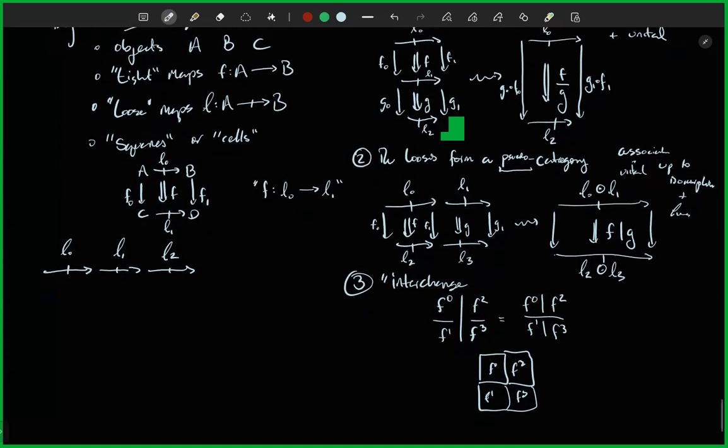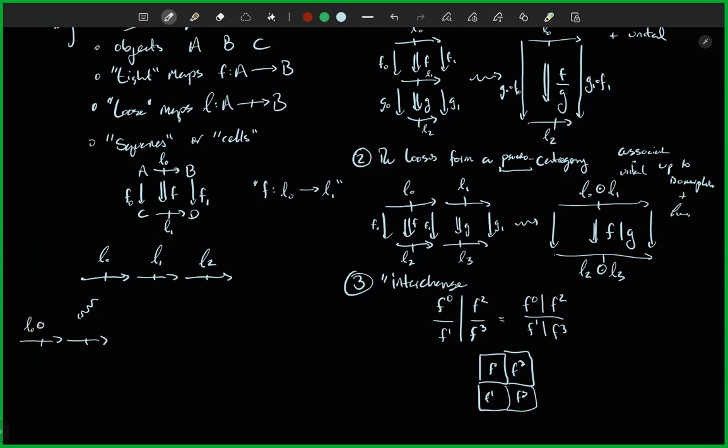So there's two things we could do here, if we have three of these in a row. One is that we could form these two, which is (L0 . L1), L2. And then one is that we could form these two, which is L0, (L1 . L2).